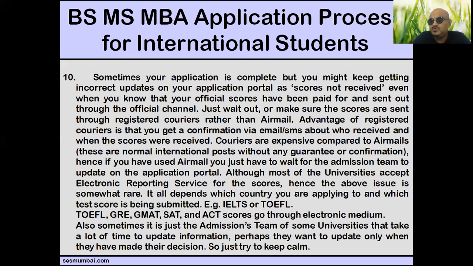When you go on to a particular institution, if they have the service of sending the scores via email or via registered couriers, and if that is your concern, then go for registered couriers, because they will let you know who's received it and when. If you go by regular post, there is no guarantee of knowing when and how they've received it. So for peace of mind, you can go for the couriers, but they're costly.